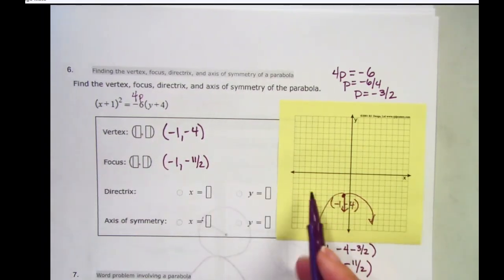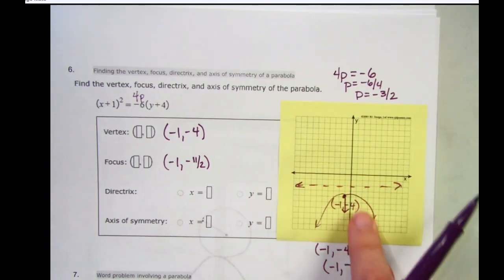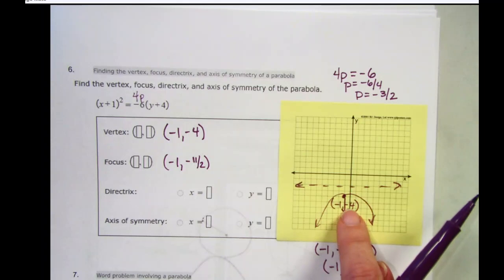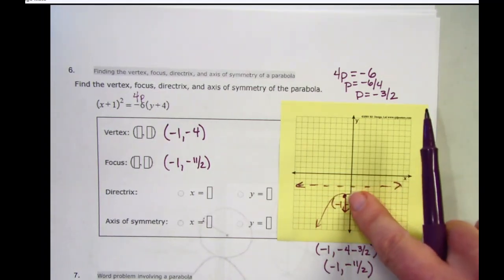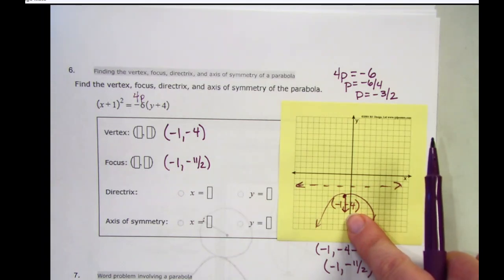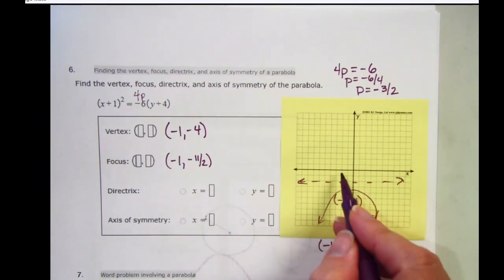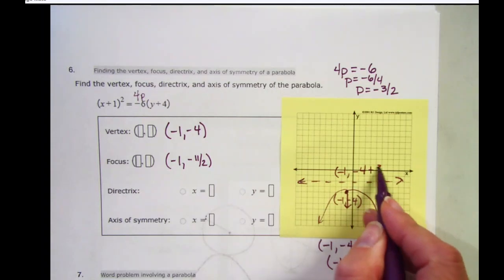Okay, and then our directrix sits out here. So if we went in this direction 3/2 to get to the directrix, we need to go the other direction 3/2. So see how sketching it just helps me know if I'm adding or subtracting? That's the only reason I do that. Am I adding or am I subtracting? So this way would be -1, we've got -4, now plus 3/2.